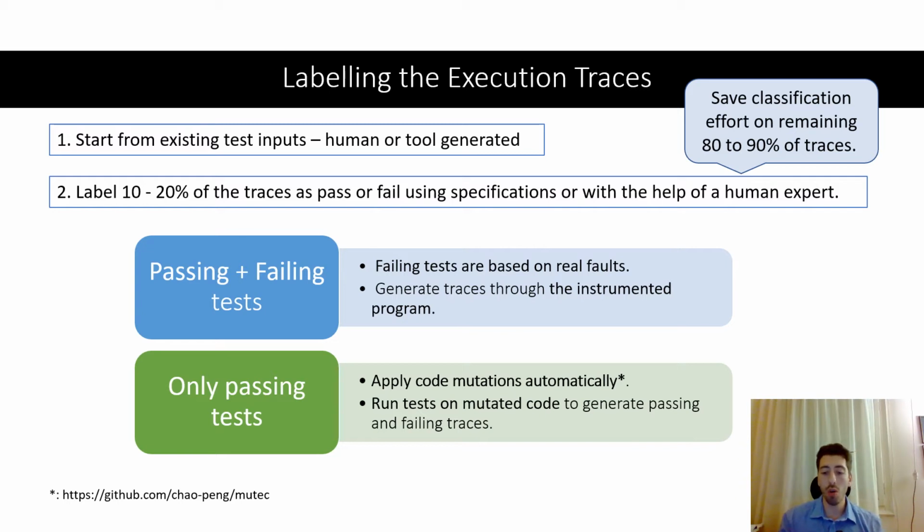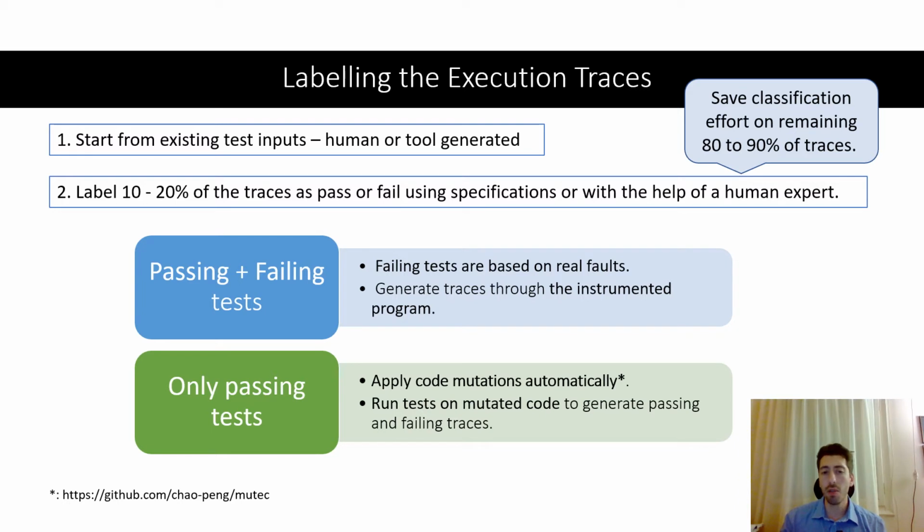Our goal is to train a neural network on as few traces as possible, let's say label 10 or 20% of the traces as pass or fail, and train on them, and save the classification effort from the human expert to the trained neural network for the remaining 80 or 90% of the traces.